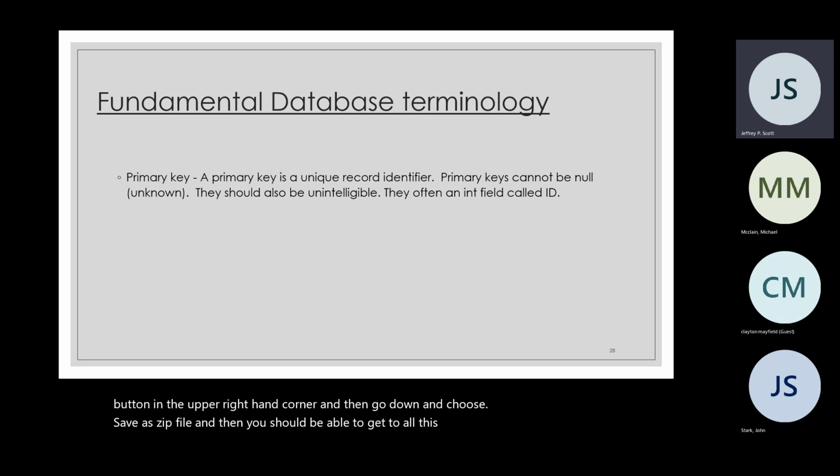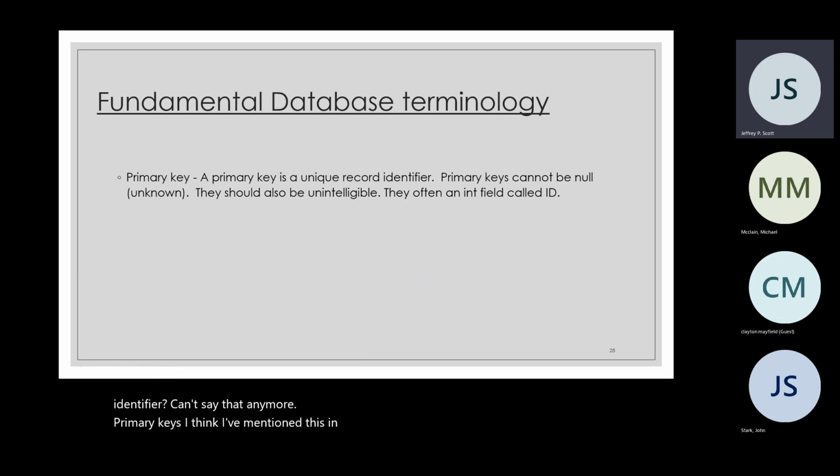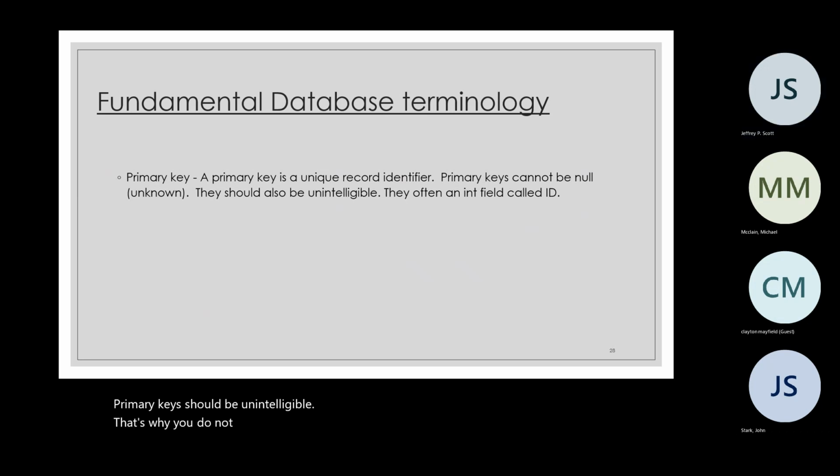Primary key, unique record identifier. Can't say that anymore. Primary keys, I think I've mentioned this in the past, but I'm saying it again for completeness. Primary keys should be unintelligible. That's why you do not use a social security number as a primary key.